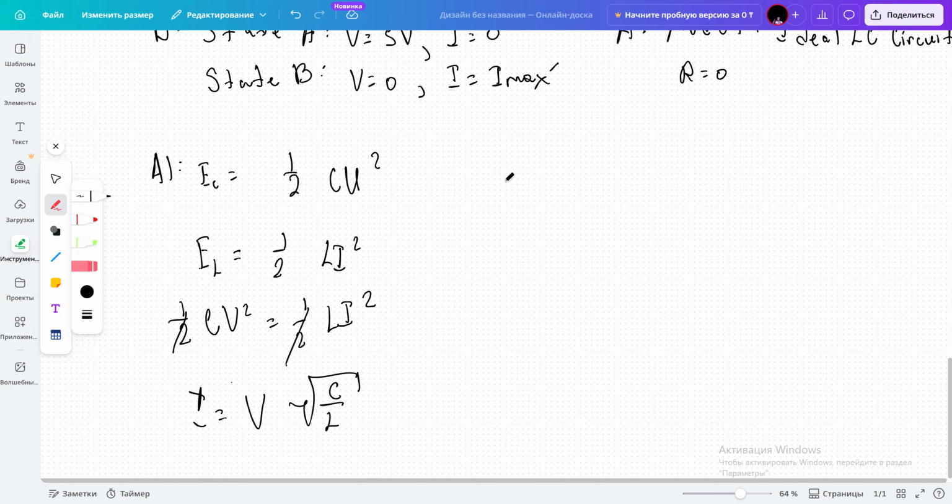So the last one is calculation. The easy part, plugging in our values. We have voltage 5, capacitor is equal to 100 times 10 to the minus 9, and inductor 10 to the minus 3.